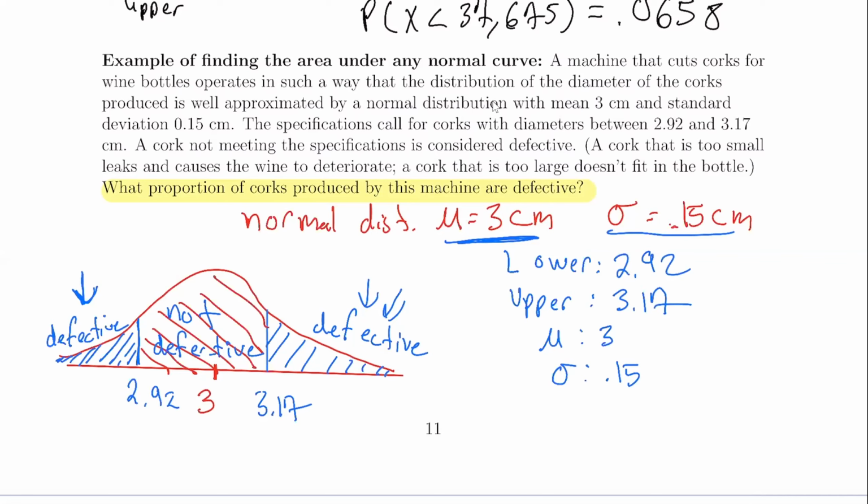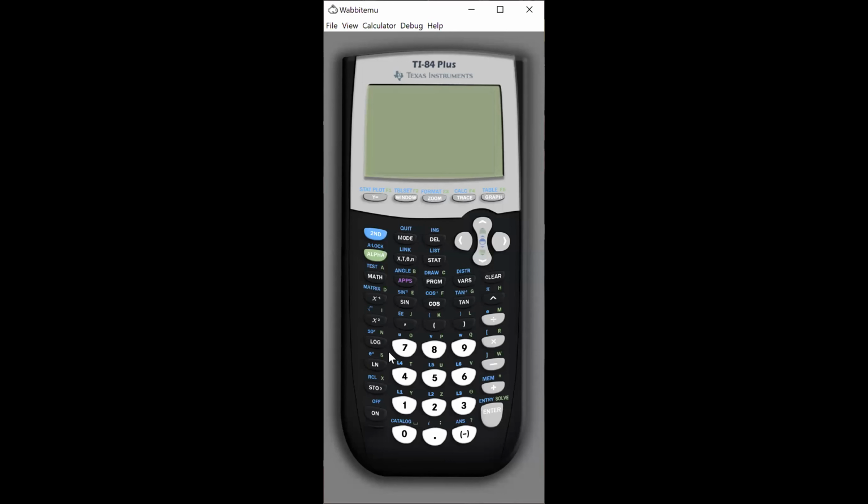All right, so we're going to go ahead and find this. Remember, once we find this probability, this is the probability of the cork being not defective. We want to find the probability of it being defective, so at the end we do want to take the complement of whatever probability we find. Up next, let me share my TI-83 or 84. So we'll turn it on. We'll say second VARS, and do normal CDF.